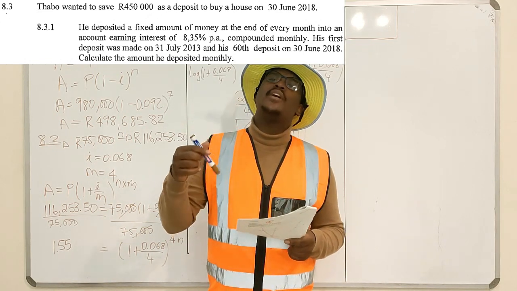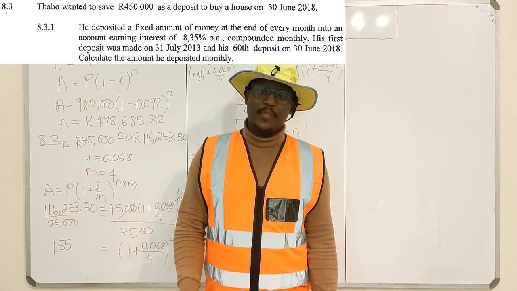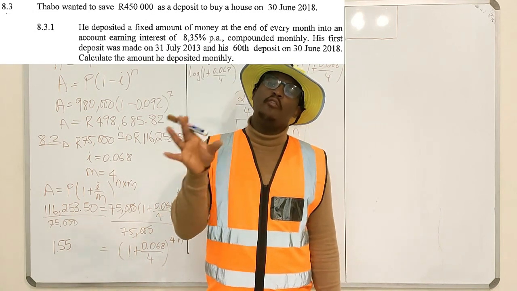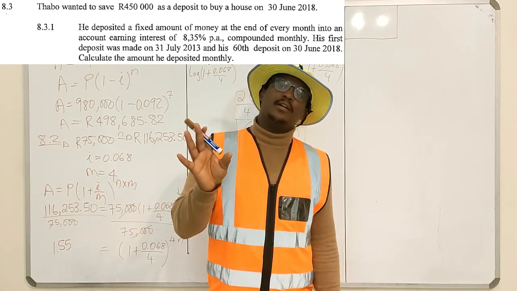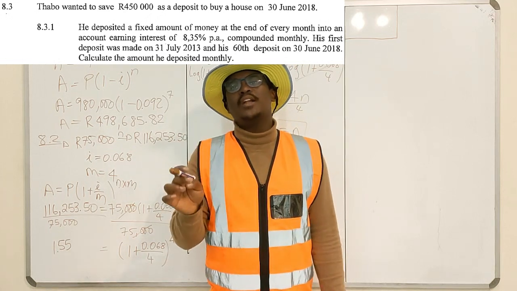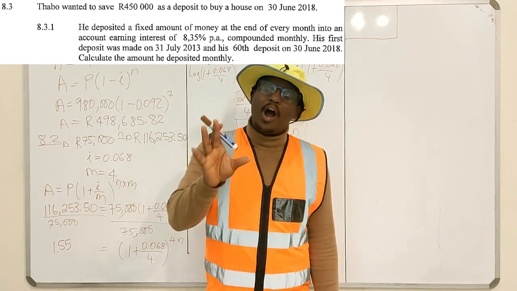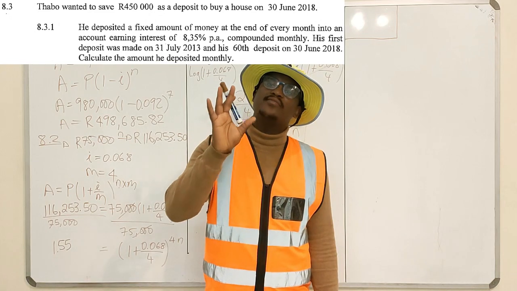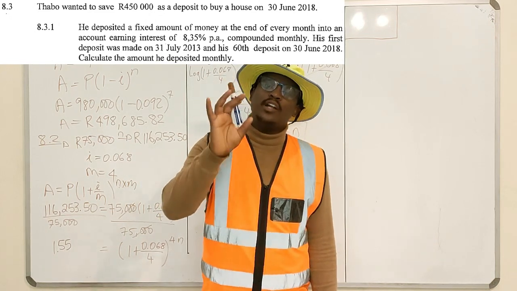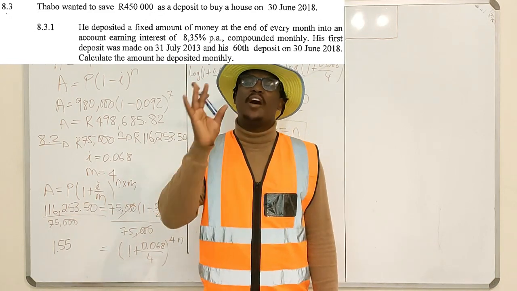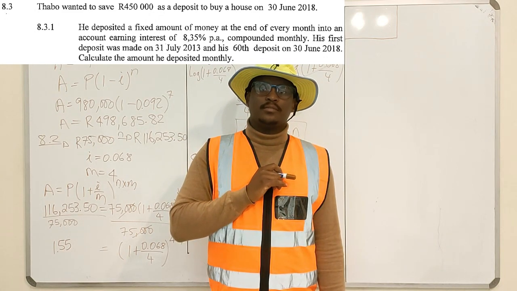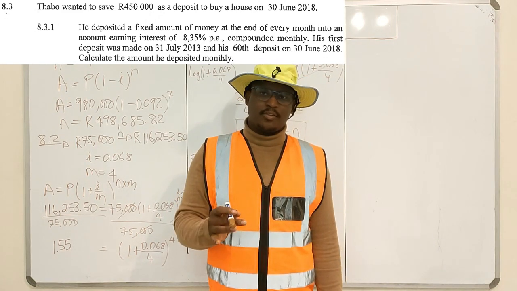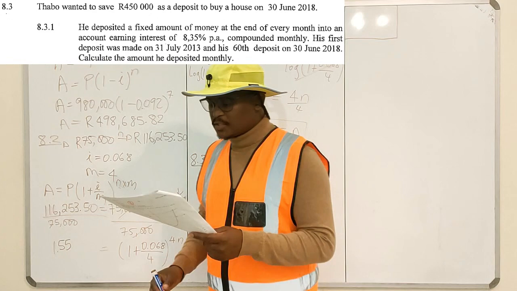So they want to find how much Thabo was saving every month. They want the future value of these savings. How much money will Thabo have to save per month in order to have 450,000 after 60 deposits? That's what they're asking.